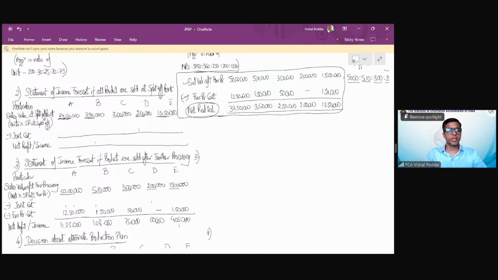The profits at split off are 775, 138, 25, 60, 1,05,000.